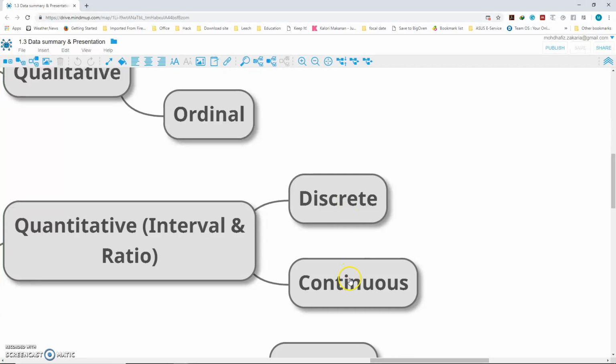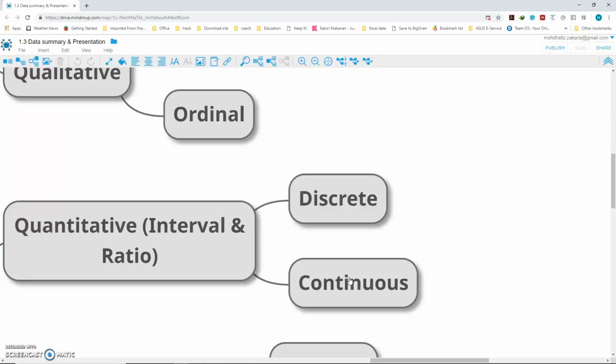As for continuous, it cannot be displayed only by a whole number. It can in fact be displayed by any number in decimal. If you look at the examples here, we have height, weight, time, income. Those are examples of things that can be displayed in decimal.